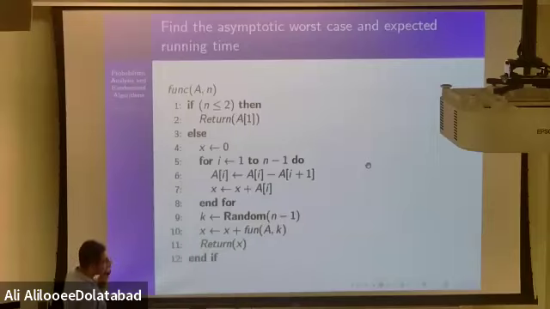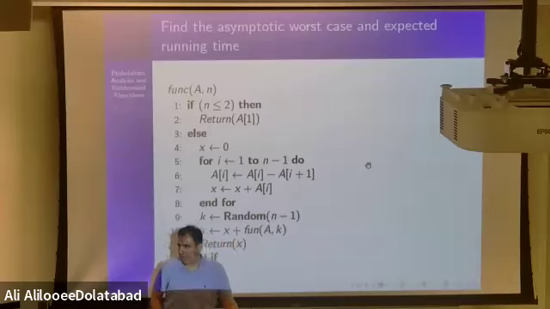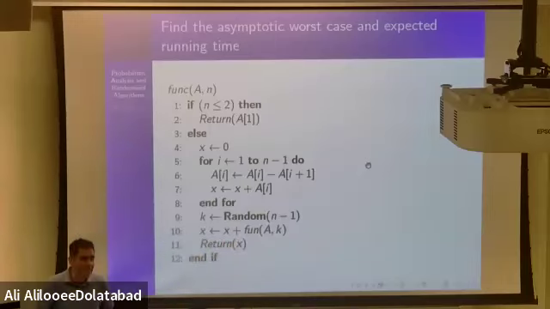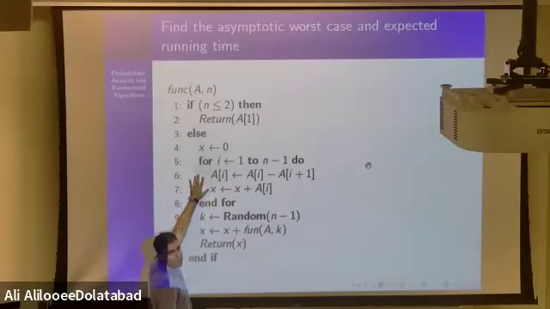But here the issue is in line 10. When you want to consider the input of the recursive call, the input of this recursive call is k. In other words, if we analyze line by line, the running time of this for loop is n.